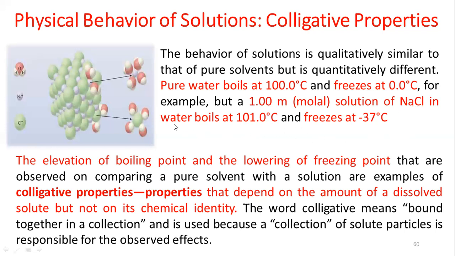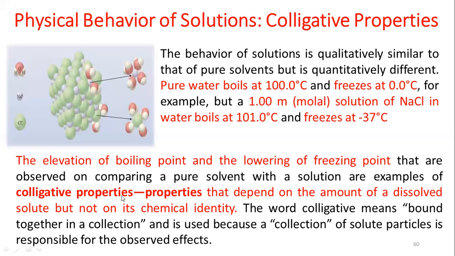You can simply say that the boiling point of the solvent in the solution is elevated, and the freezing point of the solvent in the solution is depressed, and we call them the elevation of boiling point and the depression of the freezing point.